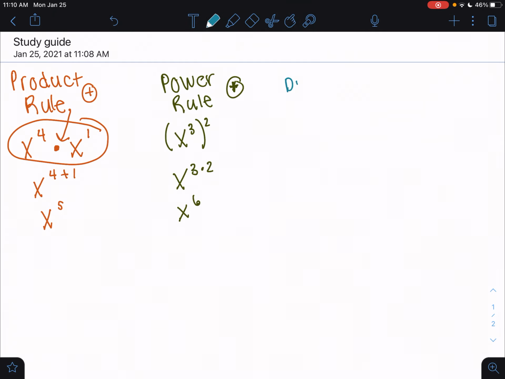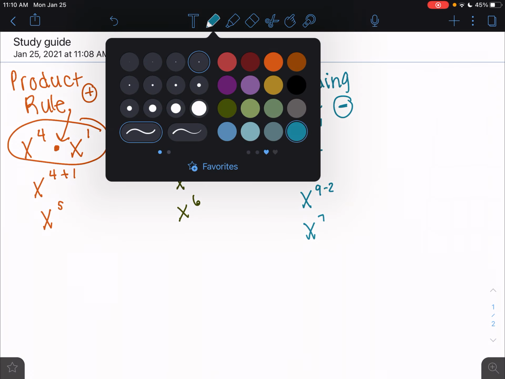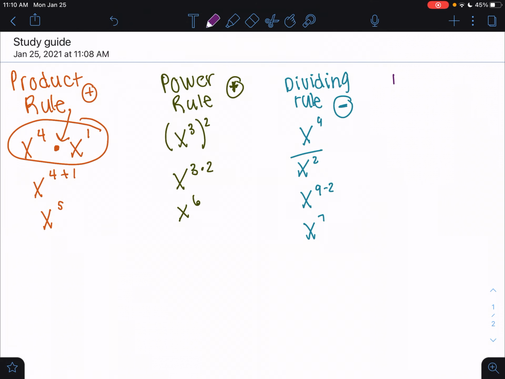Next we have the dividing rule. So let's say we have x to the ninth over x squared. When we have the dividing rule, we subtract the exponents. So we would get x to the seventh for this one. Now this kind of goes also with negative exponents, so I'm going to put that next to this.